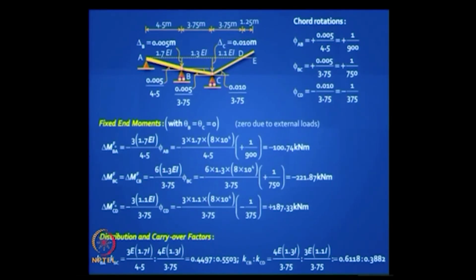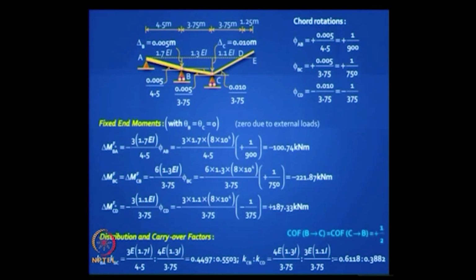You do not get clean integers here, so you can find them to as high an order of accuracy as you wish. So here I have given 4 significant figures. I hope you know how to calculate the distribution factors at joints B and C, which is the ratio of KBA to KBC and KCB to KCD.